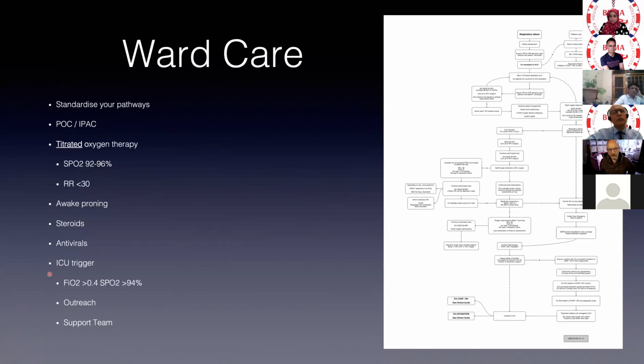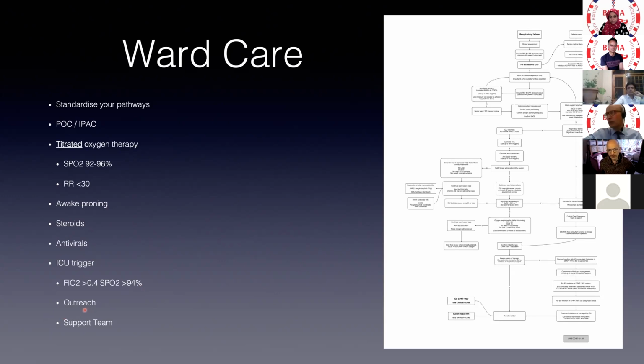And importantly, we've got a very well defined set of ITU triggers where if they require more than 40% oxygen to keep their SATs above 94, that will trigger a referral to intensive care, not ITU admission, but they come onto a list that we have that we will then keep under close surveillance.